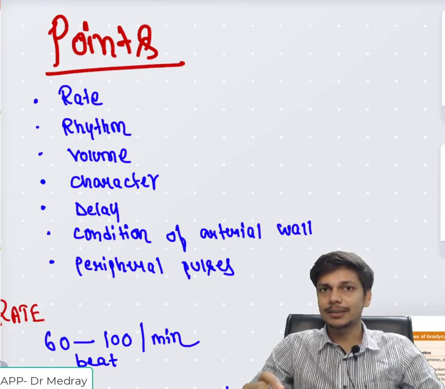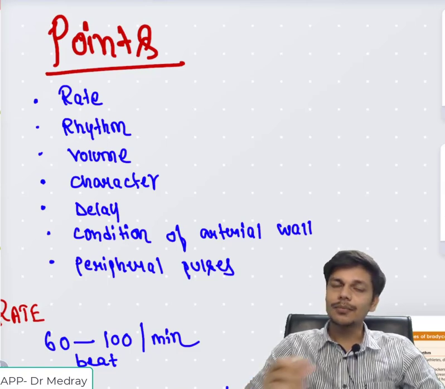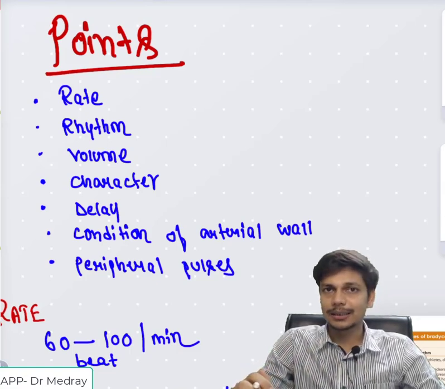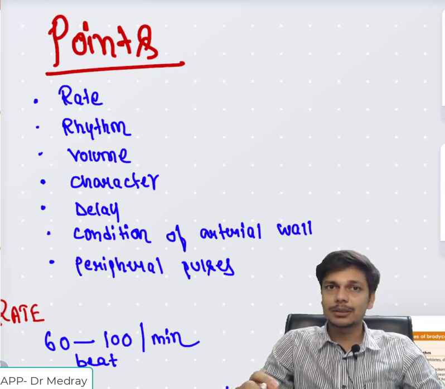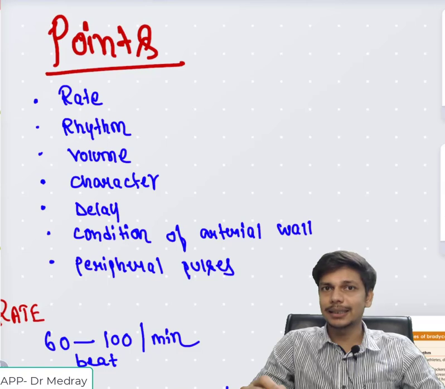A patient with hyperthyroidism will have tachycardia. If the patient has paroxysmal supraventricular tachycardia, the patient will have tachycardia. If the patient has heart block, the patient will have bradycardia. A patient with chronic obstructive pulmonary disease will have a high bounding pulse and pulsus paradoxus. We will discuss that. A patient with asthma will have pulsus paradoxus.